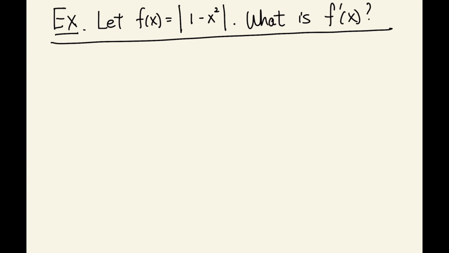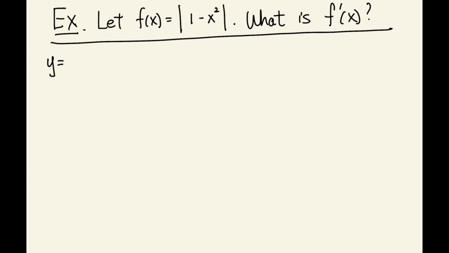Lastly, I wanted to do one example that involves a function with absolute value. Okay, and the first thing I want to do is just graph this function so you can see what it looks like. Now, in order to do that, I'm first going to graph the inside function and ignore the absolute value.